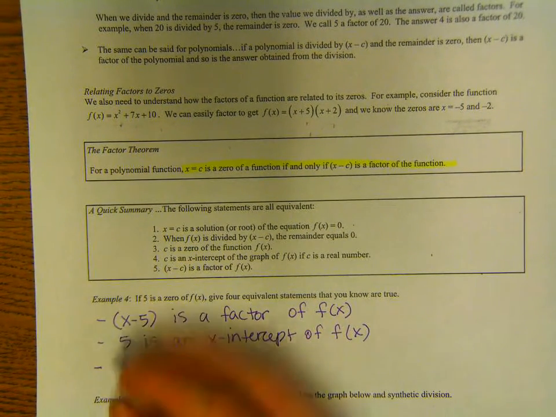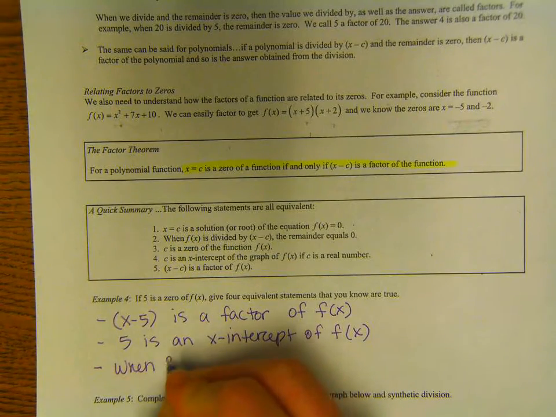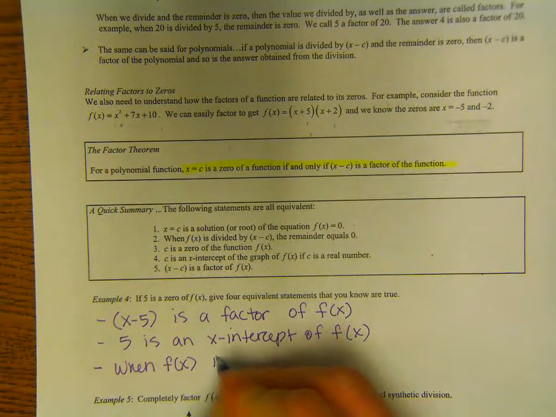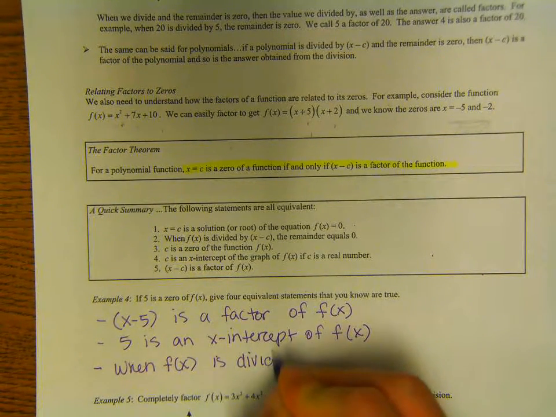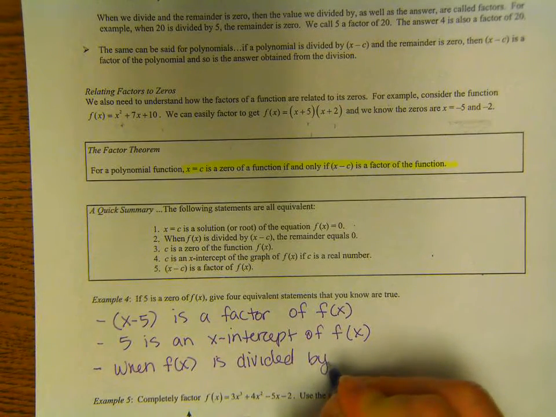When f of x is divided by x minus 5, the remainder is 0.